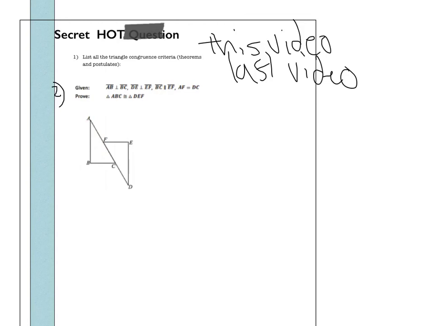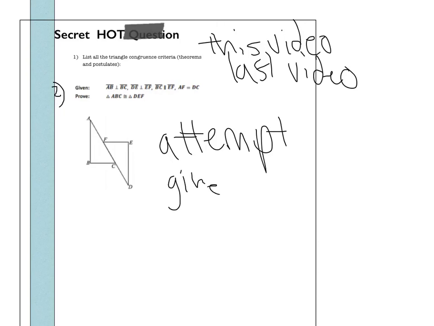Prove that triangle ABC is congruent to triangle DEF. So this is kind of a challenging problem. I know you might not get this one. Attempt it, try, struggle, set up your given and your conclusion. At least set those up correctly.